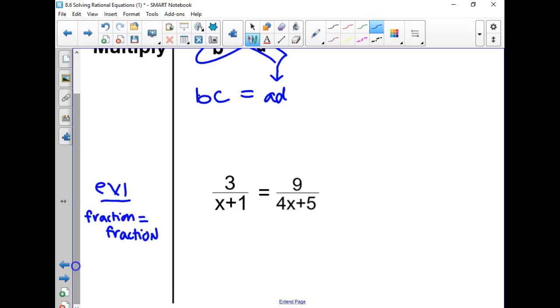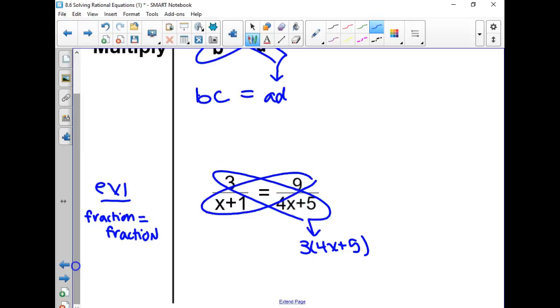So I'm going to cross multiply here. I'm going to take 3 and multiply it times 4x plus 5. And I'm going to take 9 and multiply it by x plus 1.